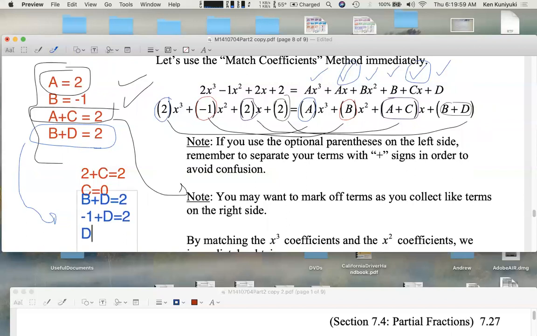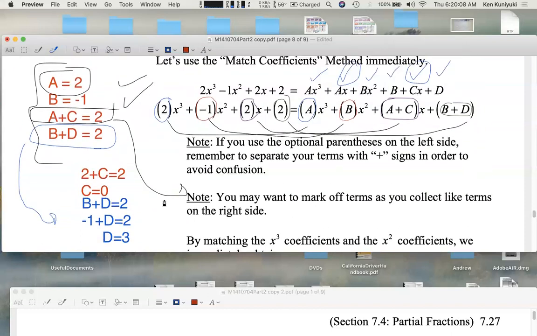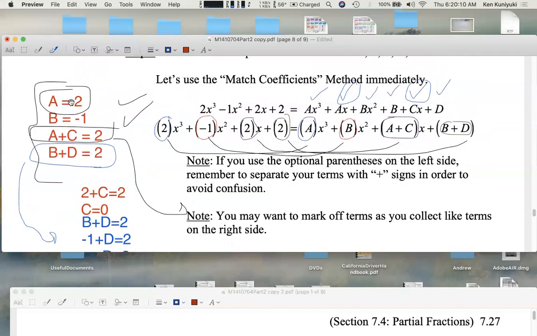Add 1 to both sides, D equals 3. So we use the top 2 equations to help us solve these last 2 equations for C and D.